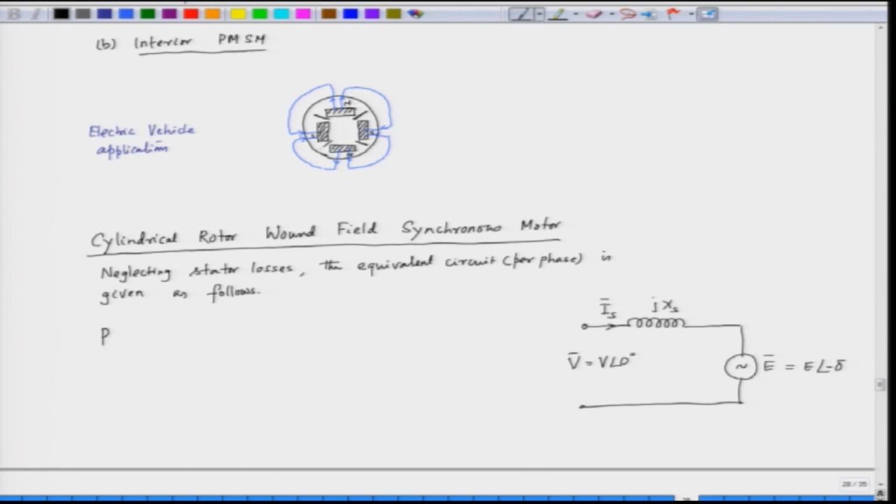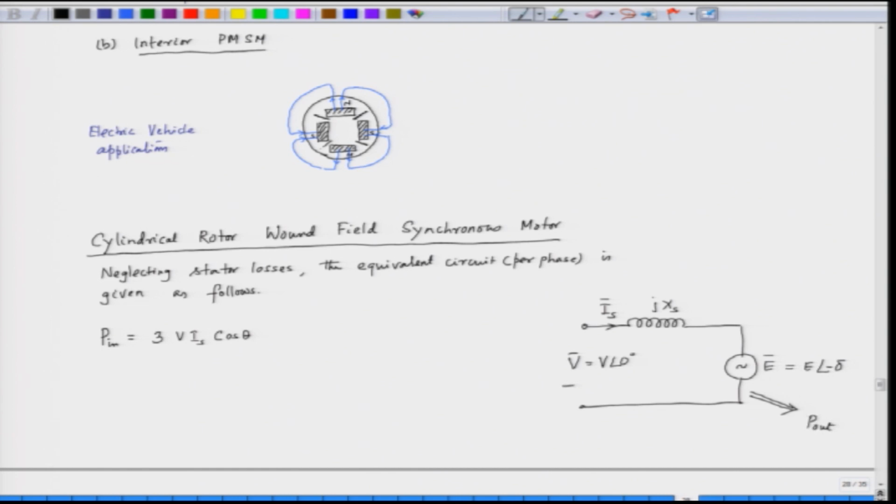So, what we can say here is that the input power, for a single phase, and for 3 phase, is 3 V into Is into cos of the angle between V and Is, theta. Since we do not have any losses, the power which we get as output is P out.